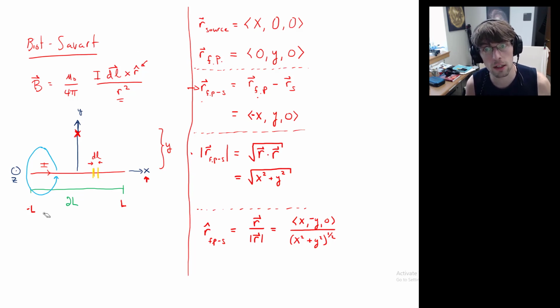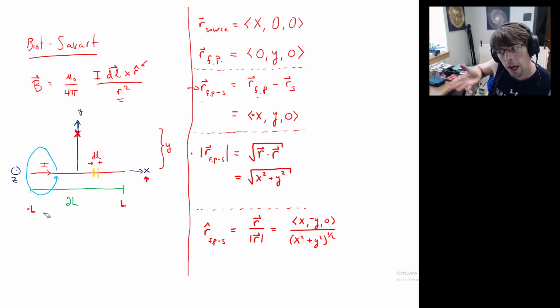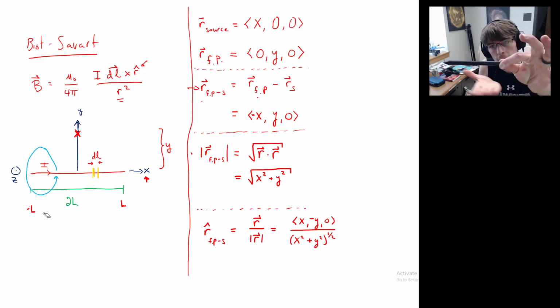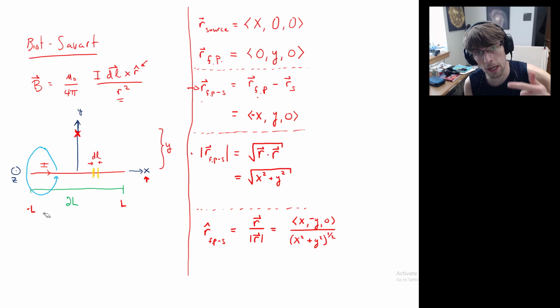The shortcut to the right-hand rule in a situation like this is grab the wire with your right hand, with your thumb pointing the direction of the current. Your fingers, as you curl your hand around that wire, will give you the direction of the magnetic field. So you can think of that magnetic field as curling around the wire.